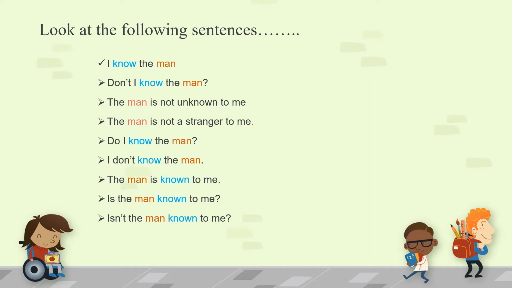Don't I know the man? The man is not unknown to me. And there are other sentences. The meaning of those sentences is more or less the same. Since the sentences are written differently, they serve different purposes. They function differently.